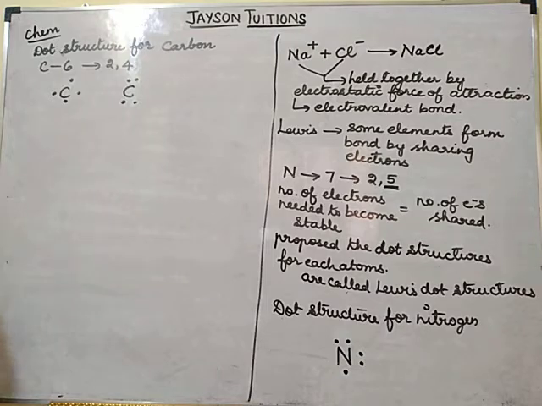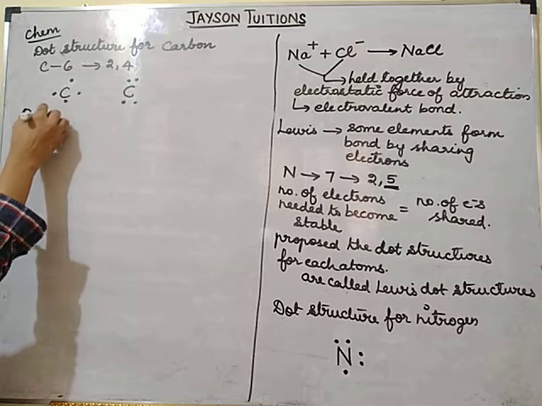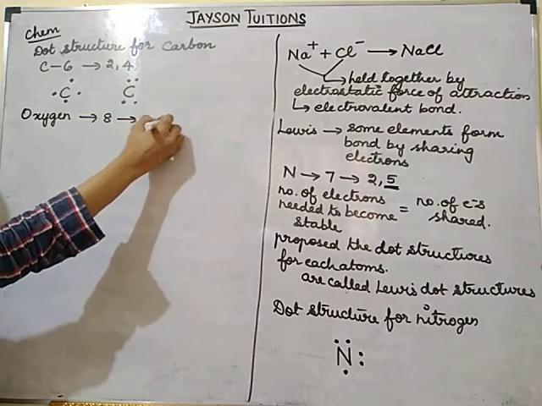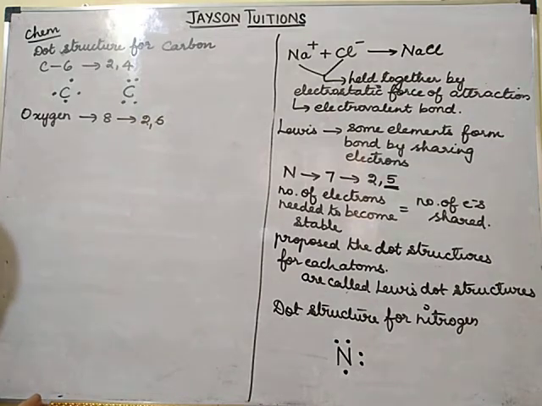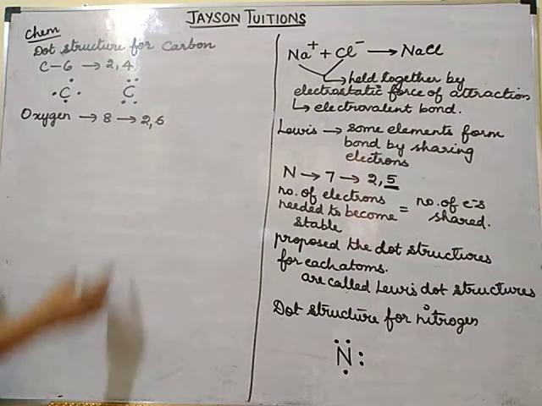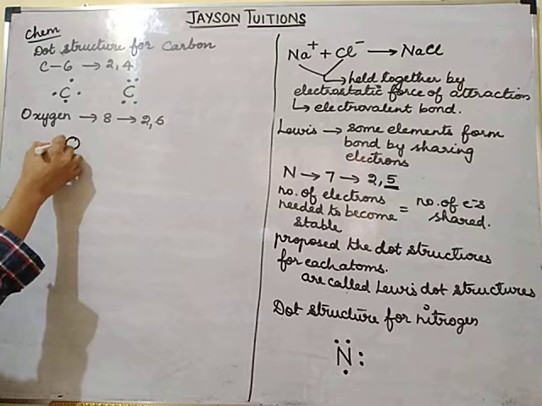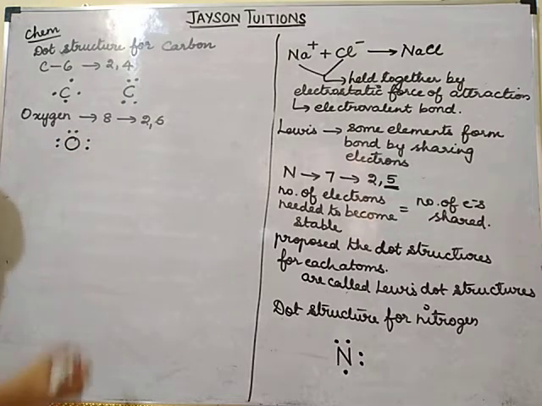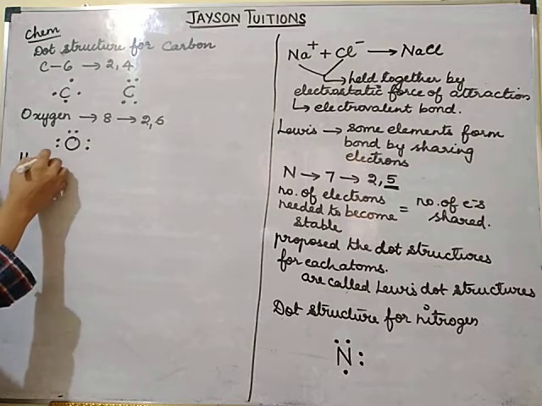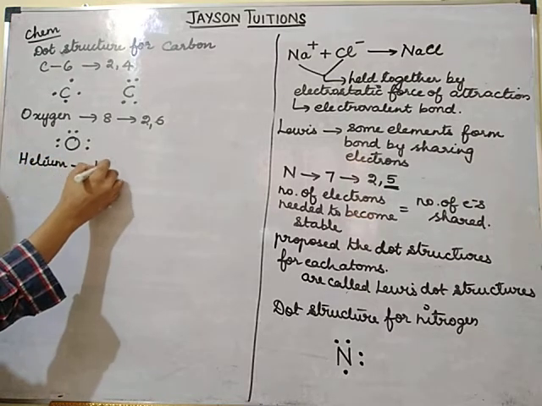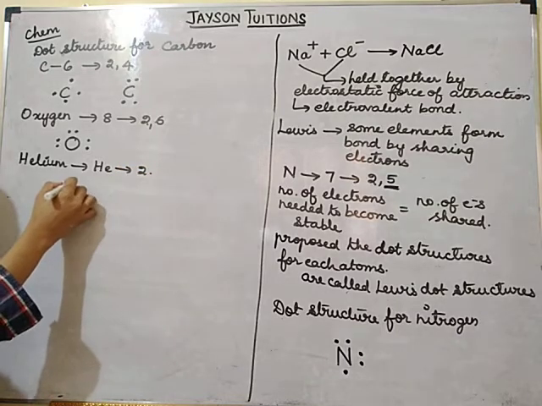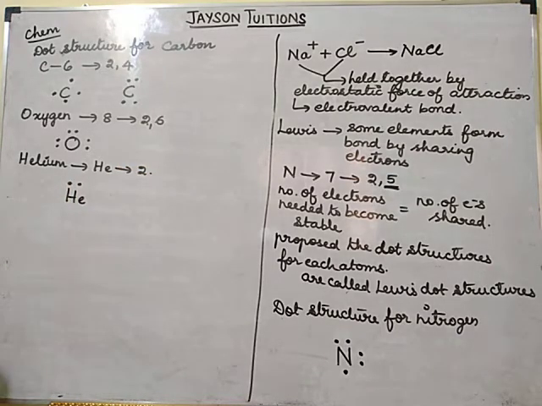Next, oxygen. Atomic number is 8, so it will be arranged as 2, 6. So how many dots should you keep? 6 dots: 1, 2, 3, 4, 5, 6. 6 dots for oxygen. For helium, atomic number is 2, so you have to keep 2 dots for helium.